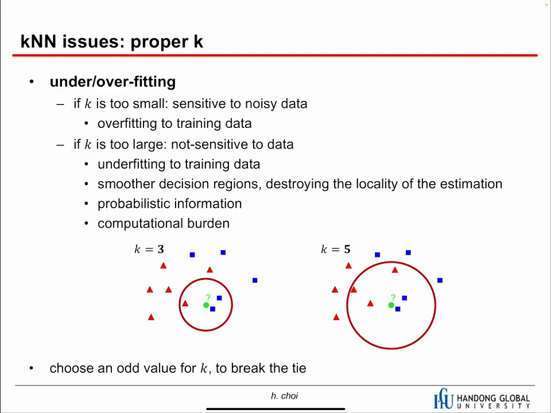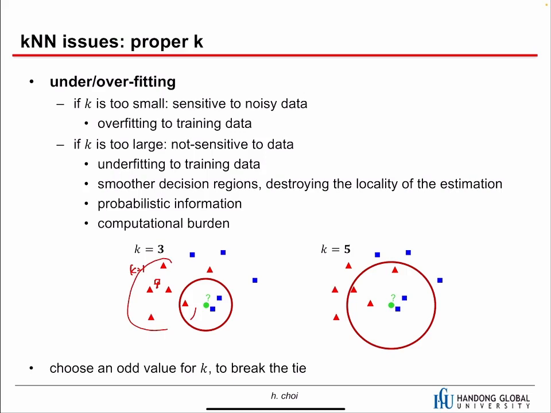Let's say in this case we have a training sample like this. This one is blue. Then when we have a new sample here, if k is 1, then it belongs to this blue class, even though this sample is in the middle of the red class, right?